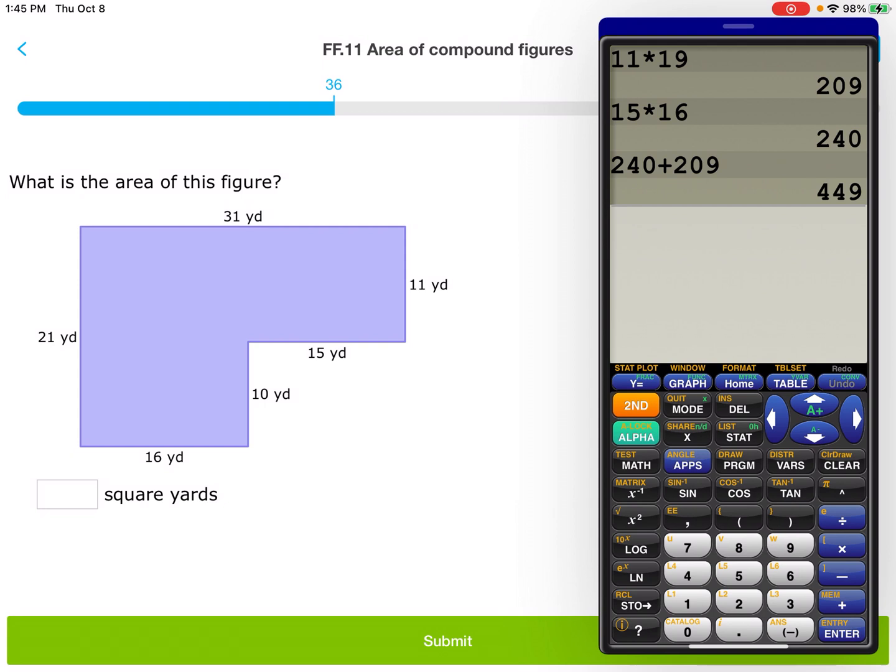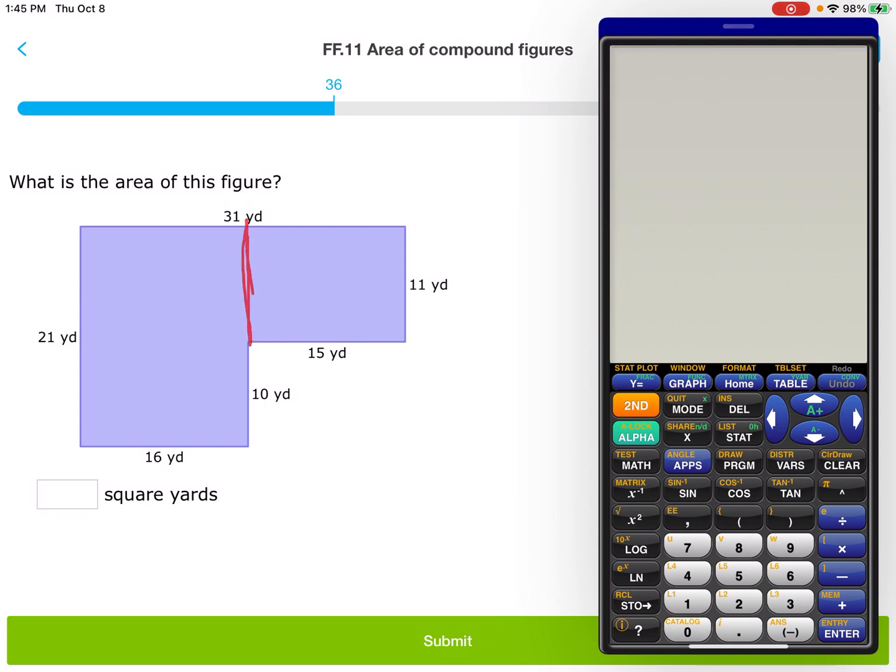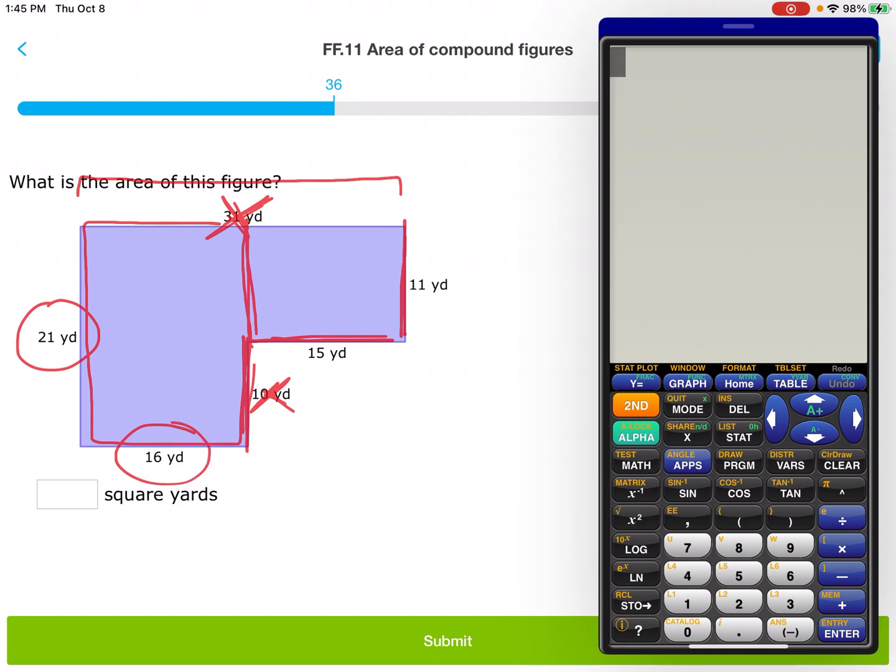Okay? Same thing with this example. I'm going to cut it right here, and I'm going to think 15, that represents 15, and 11. This 31 does not seem like a good choice to use because it's representing that whole top line, which is not the part of my rectangle I'm focused on. For my second rectangle, this 10 is irrelevant because it's just talking about this little tiny piece. So I would want to use the 21 and the 16.